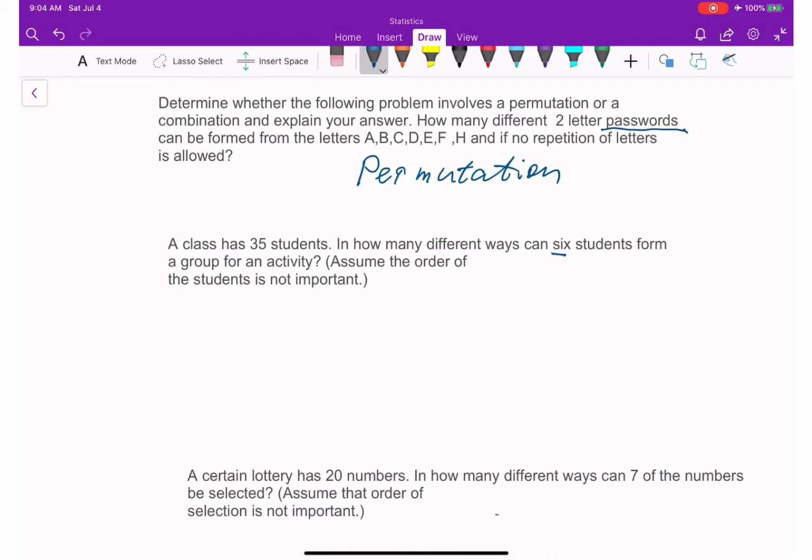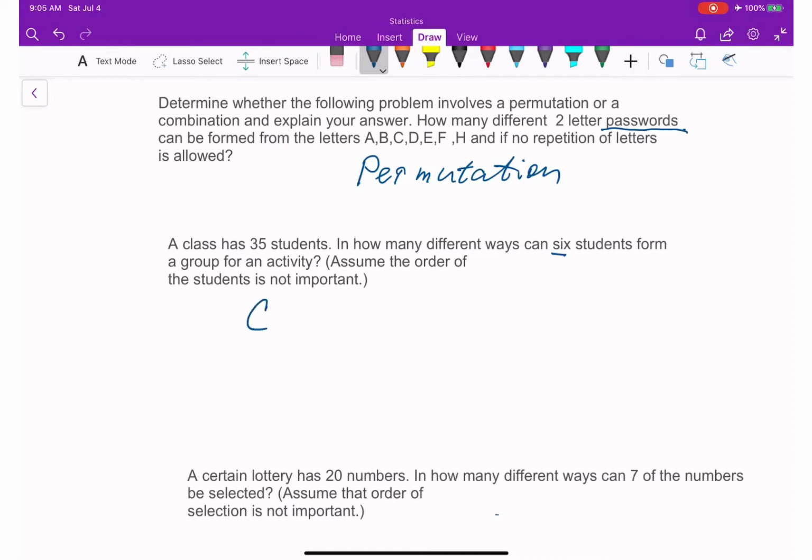When we are selecting some amount of elements out of a total, we are using either combination or permutation, because you are not choosing all of them, just 6 out of 35. The question is, is it going to be combination or permutation? Now let me ask you this. Is it important which student you will choose first for the group? No, of course not. So it's going to be combination.